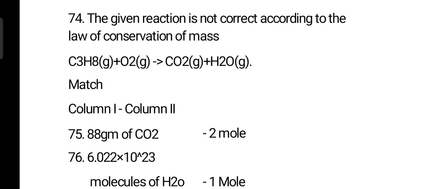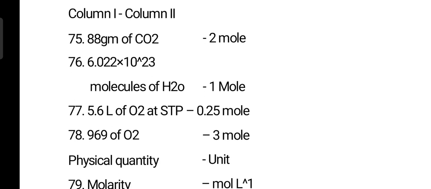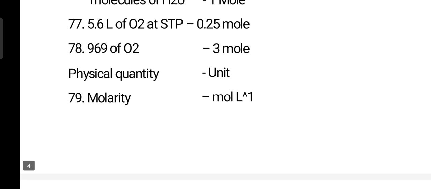C3H8 plus O2 gives CO2 plus H2O. Match column 1 with column 2. 88 grams of CO2, 2 mole. 6.022 into 10 to the power of 23 molecules of H2O is equal to 1 mole. 5.6 L of O2 at STP, 0.25 mole. 96 g of O2, 3 mole.